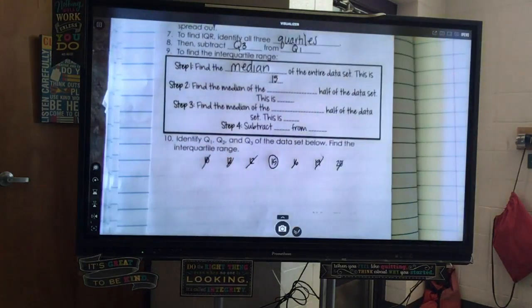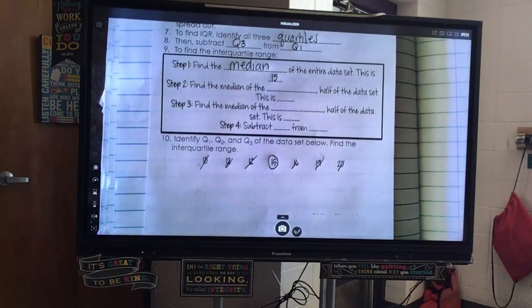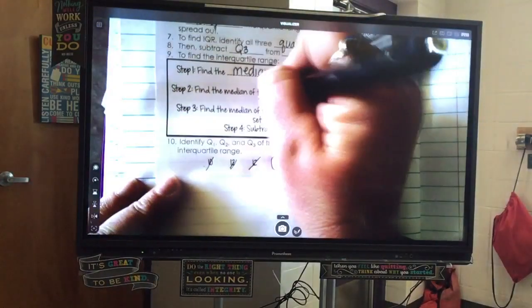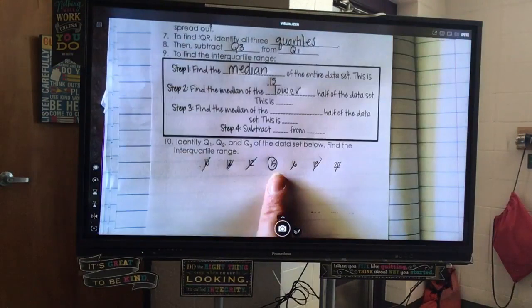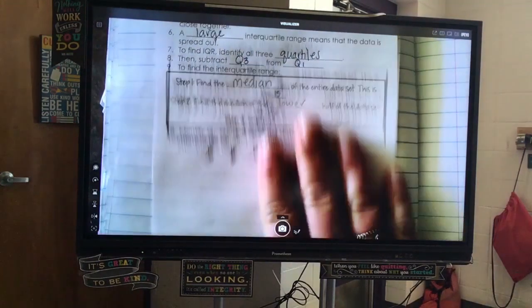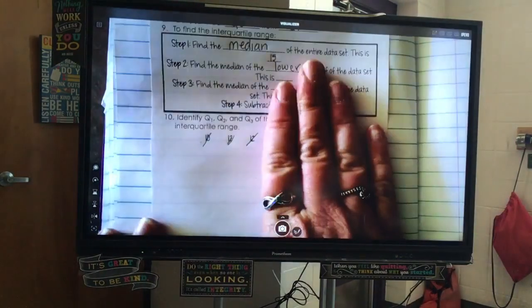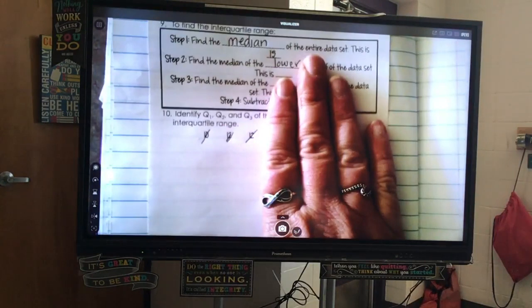Alright? Find the median of the lower half of the data set. So I am looking, not including my median. I'm going to cover up everything that is my median and above. You're not including your median.